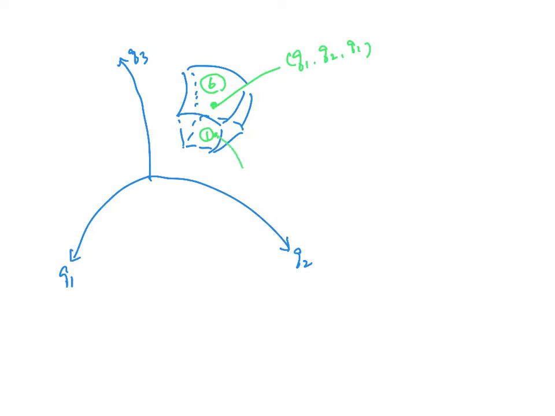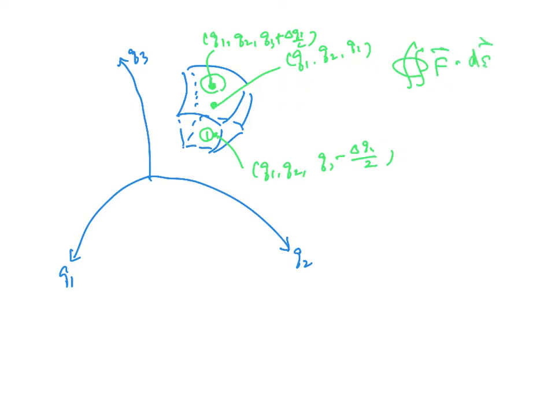Here, Q1, Q2, Q3 minus delta Q3 over 2. And this point, Q1, Q2, Q3 plus delta Q3 over 2. And we are interested in closed surface integral. In general, we are interested in F dot dS.